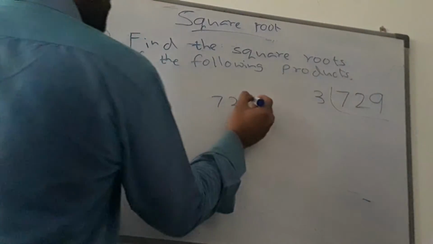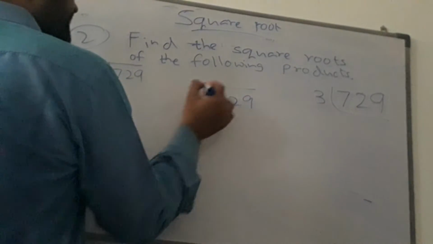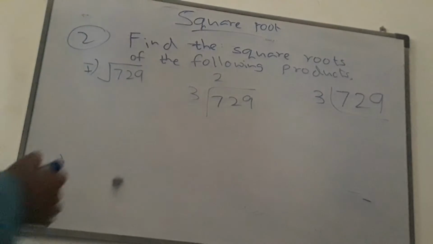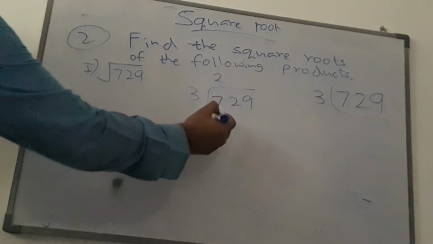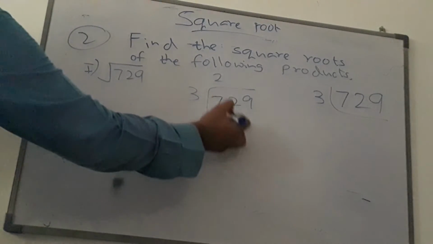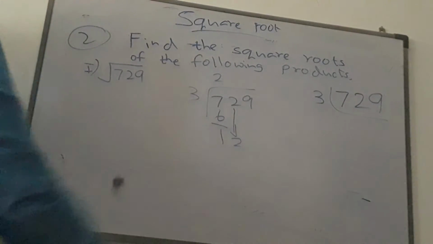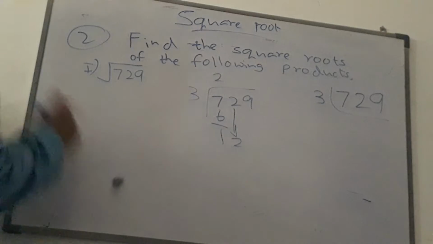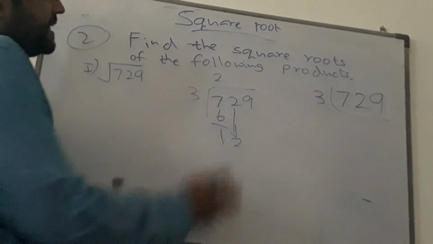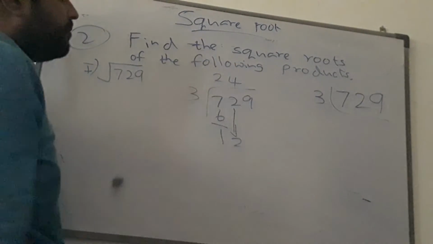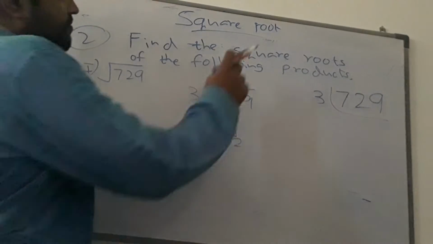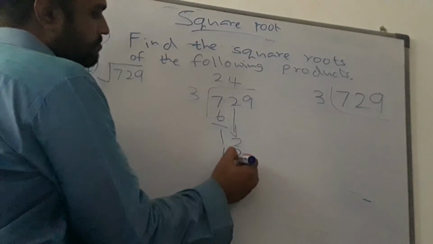So 729 divided by 3. How many 3's in 7? 2. 2 times 3 is 6. Remainder 1. We can take 2 down. So 12 means how many 3's? 4. 4 times 3 is again 12.